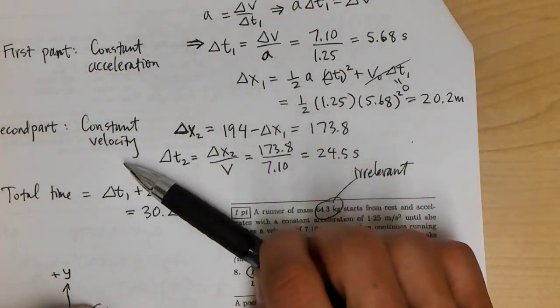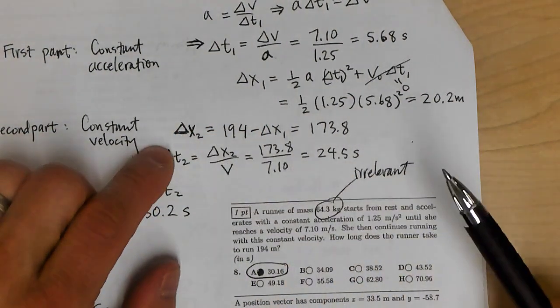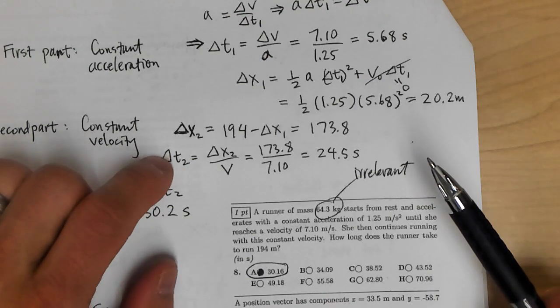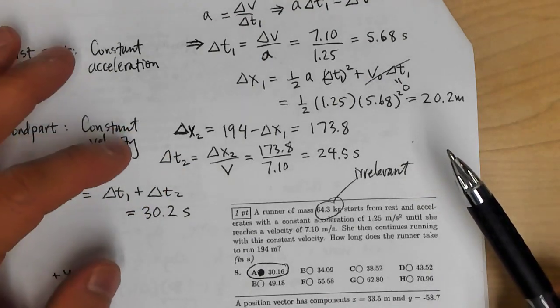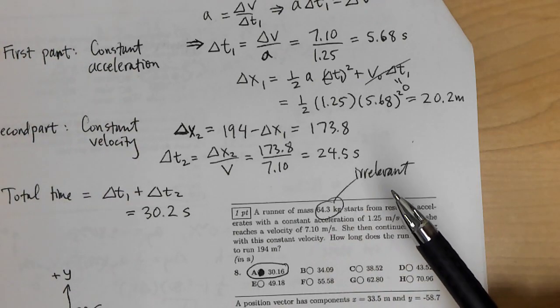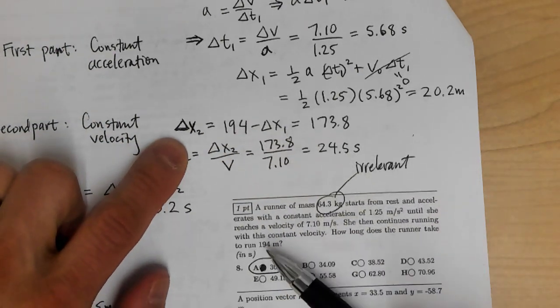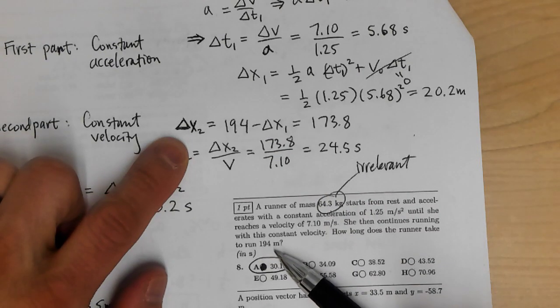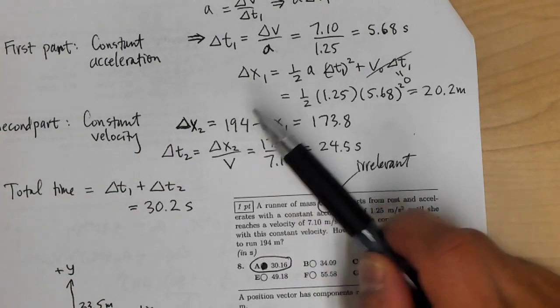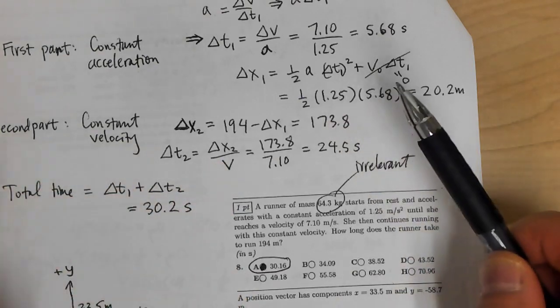Now in the second part we have constant velocity. In order to figure out how long this is going to take, the total distance traveled is 194 meters.